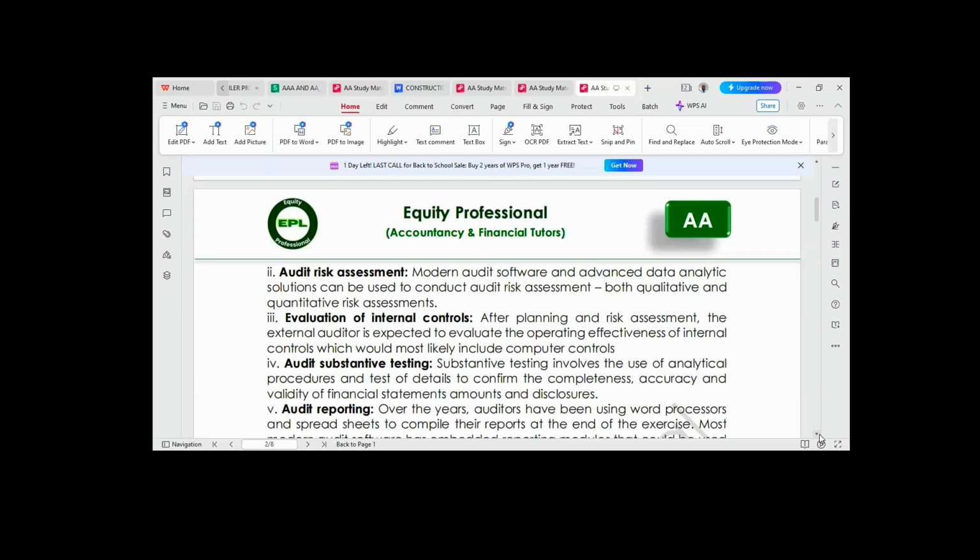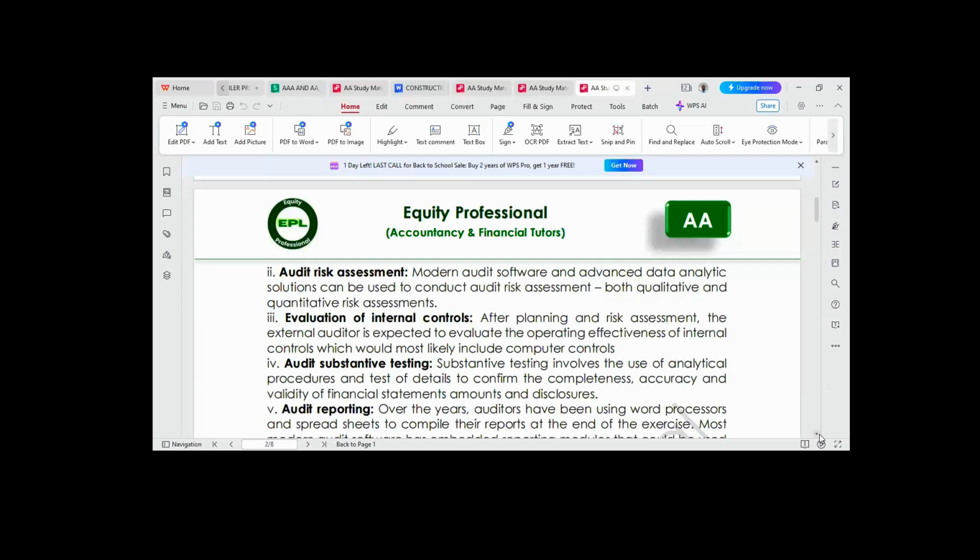Here in this class, we have looked at CATs, computer-assisted audit techniques. These are computer programs that are installed on a client system to enable the generation of audit evidence from the client computer system.